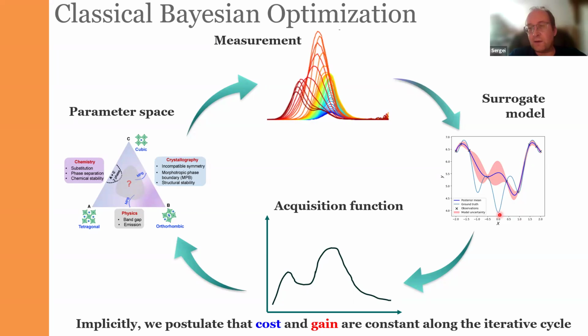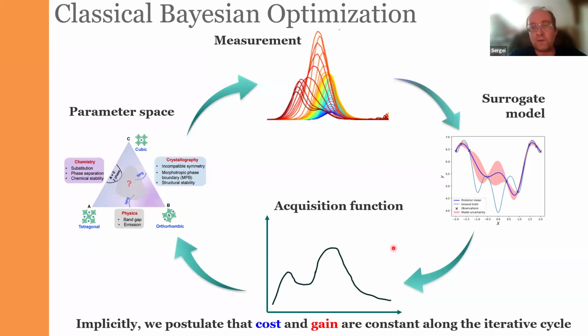Practically, we try to balance exploration and exploitation, and we do it through the acquisition function. The acquisition function combines the prediction and uncertainty, and how it does so is up to us to decide. The maximum of the acquisition function defines the point where we are going to take the next measurement.